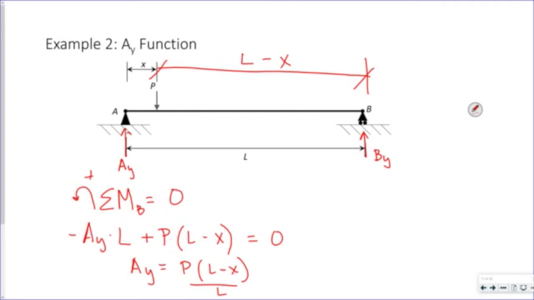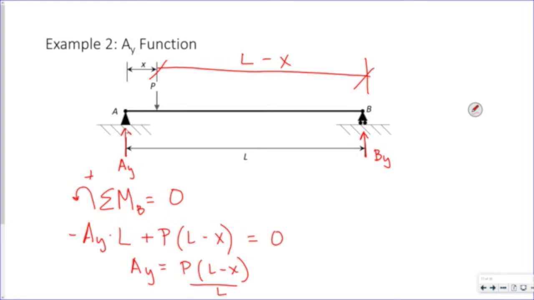Right, and you can go back to your table. Okay, if X is equal to 0, P times L over L, AY is P. If X is equal to L, L minus L is 0, right?